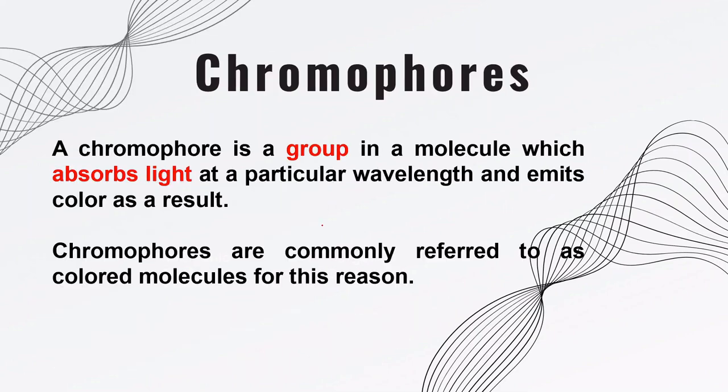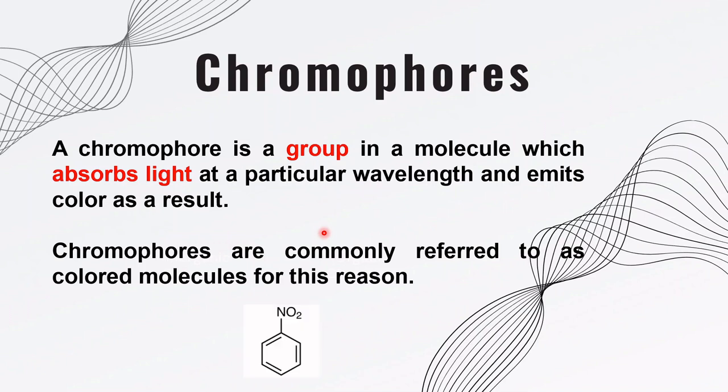Next, we also should know about chromophores and auxochromes. Chromophore. In Greek, chrom means color, phores means carriers. So they are color carriers. It is defined as any isolated covalently bonded group that shows characteristic absorption in the UV or visible regions.